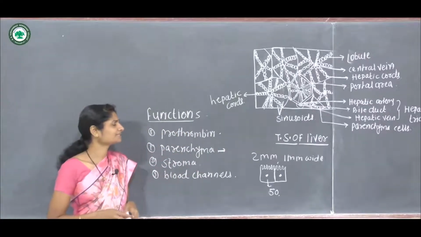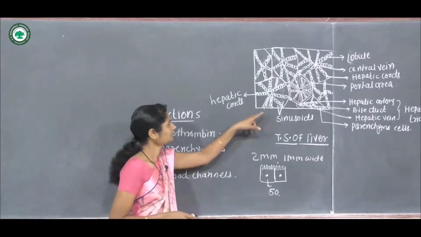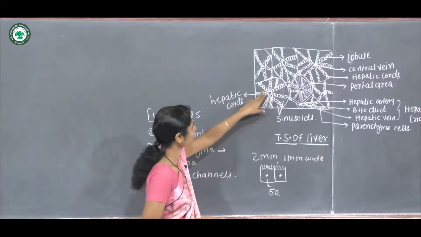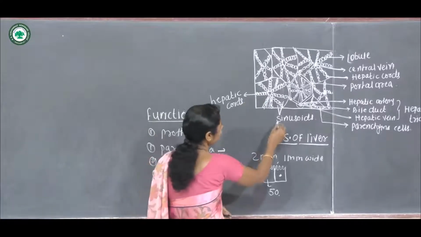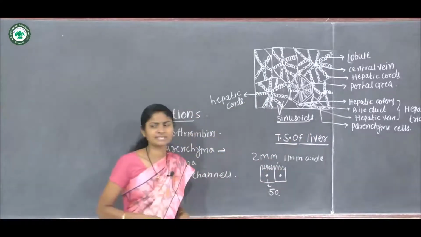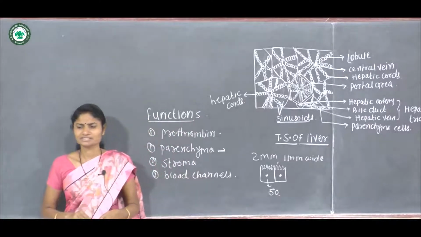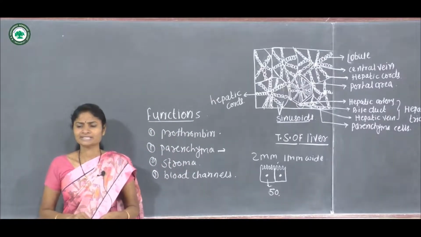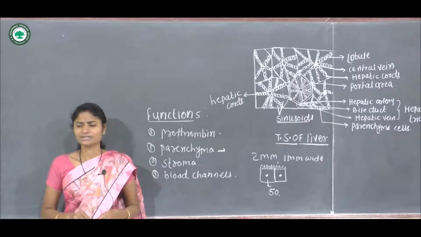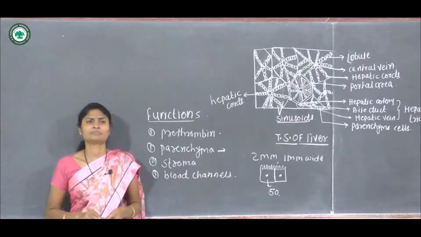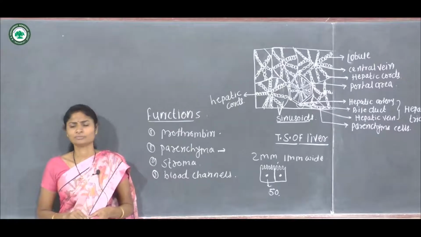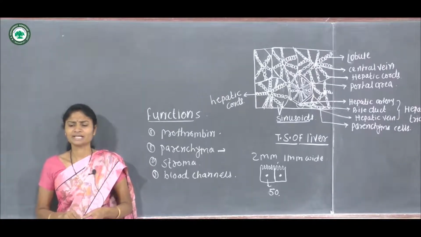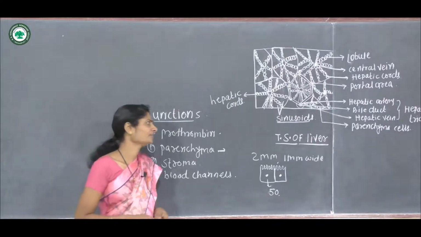Next, hepatic sinusoids. In between the hepatic cells there is a space, and this space is called sinusoids. These sinusoids make up the intralobular system of blood capillaries which convey blood from the portal areas to the central vein.